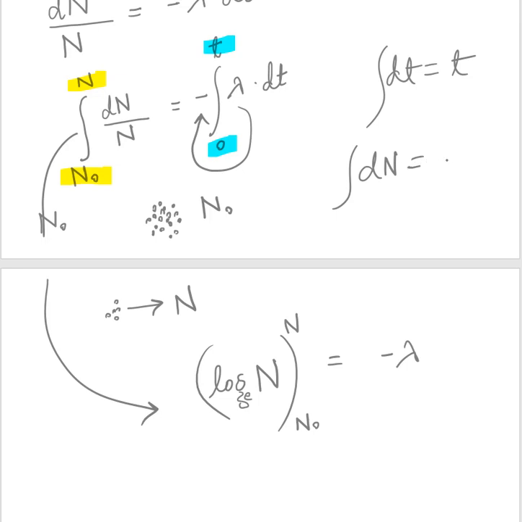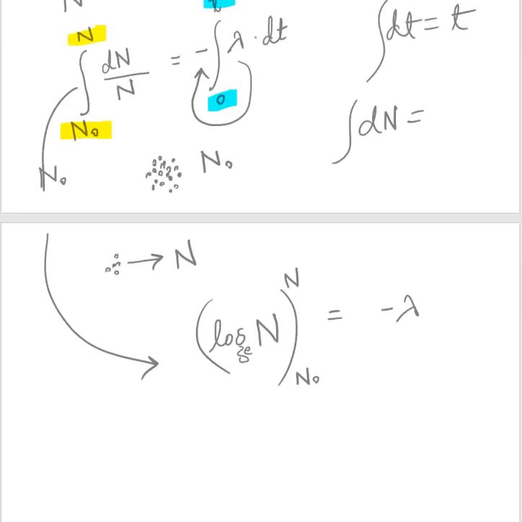The integration of 1 upon n will be log to the base e of N. So we arrive at the result lambda t, with the lower limit of time from 0 till the upper limit t.